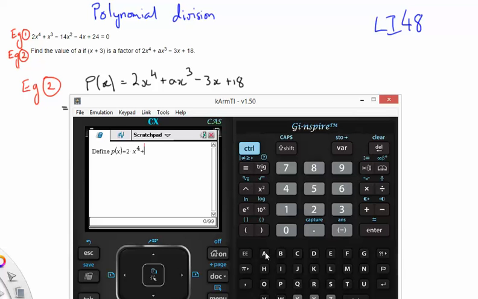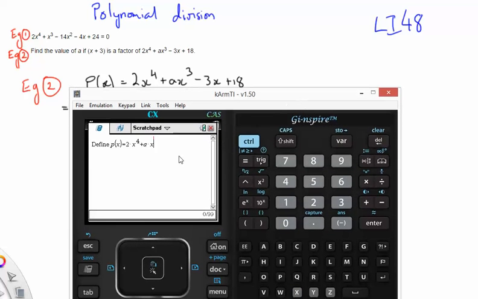You have to tell your calculator a times x. If you just put ax, it'll think ax is a variable. So you need to put a times x so it knows. Minus 3 times x plus 18.